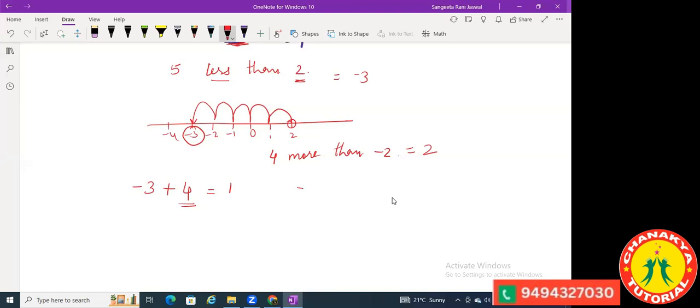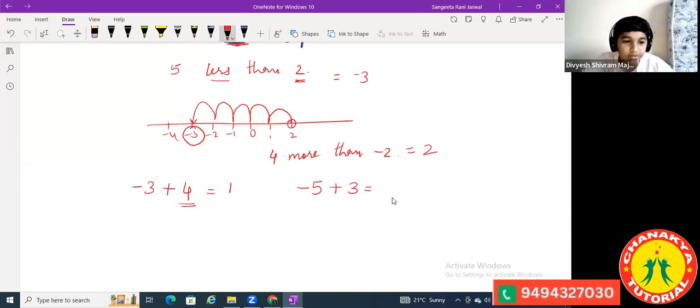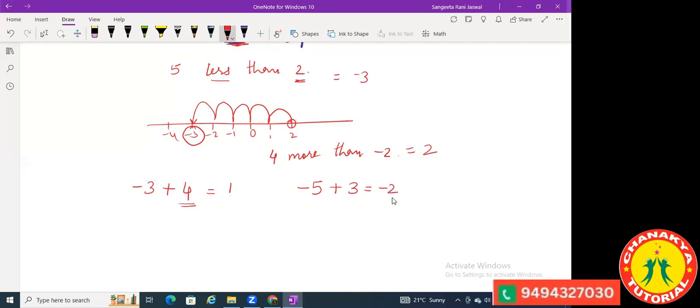Okay. So minus 5 and plus 3. Do this. Ma'am, the answer will be minus 2. Are you doing on the number line? Or you have done this chapter in the school and you're directly telling the answers?